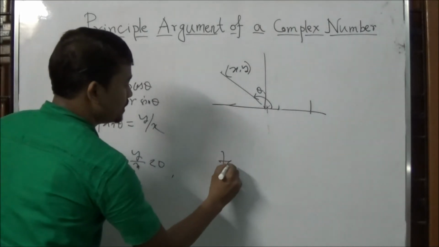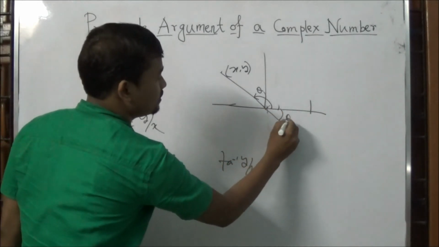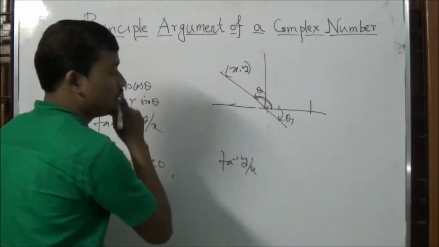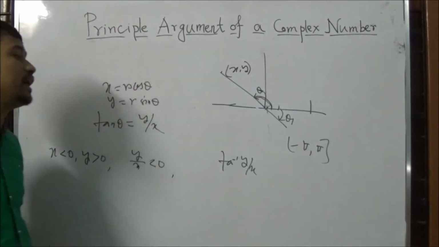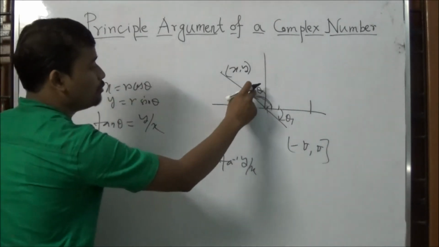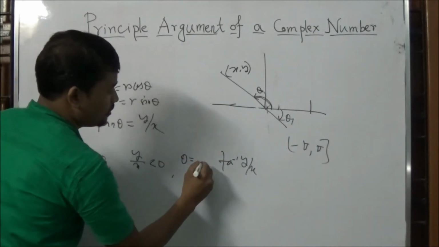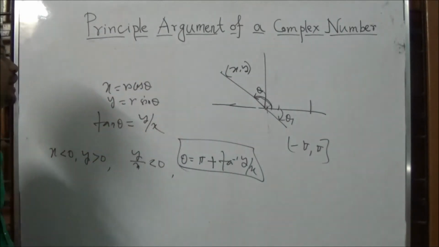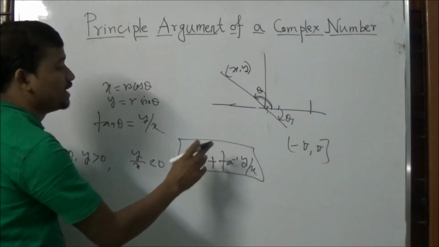Here tan inverse y by x will give us the angle, say theta 1. So here theta is the principal argument since theta lies in the interval minus pi to pi, but tan inverse y by x will give us the value theta 1. So to get theta we have to add pi to theta 1. So theta equal pi plus tan inverse y by x.